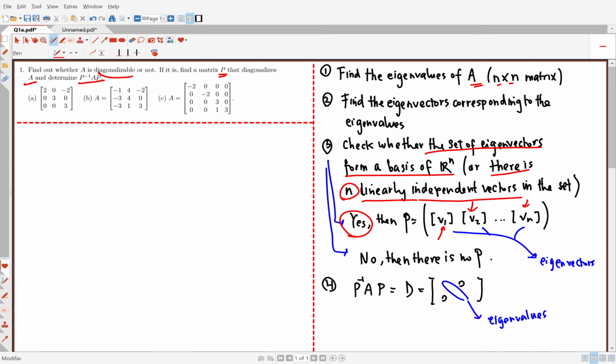If not, then there is no P, meaning A is not diagonalizable. Suppose we have P, then P inverse AP will be a diagonal matrix whose entries on the main diagonal are the eigenvalues. Let's just do this question, part A.